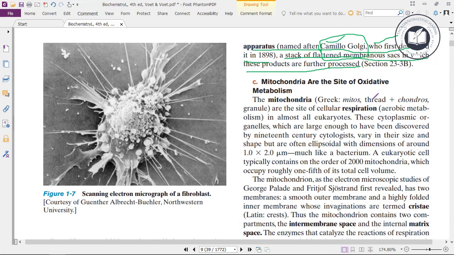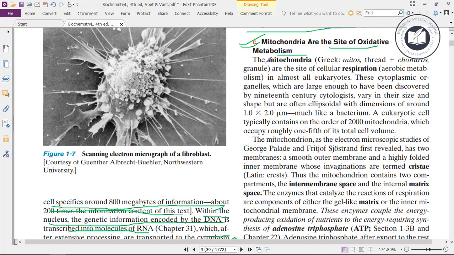Next, we will be seeing about the mitochondria, which are the site of oxidative metabolism. The word mitochondria comes from the Greek mitos, meaning thread, and chondros, meaning granules. They are the site of cellular respiration, aerobic metabolism, in almost all eukaryotes. So mitochondria is the site where the cell is respiring.